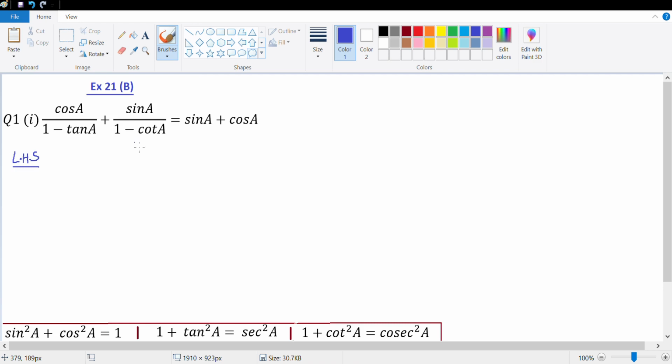And I also realize that on the right hand side I have only sin and cos, whereas on the left hand side I have tan and cot. So maybe I should try and convert all tan and cot into cos and sine. It'll help us get to the right hand side. So let's go.